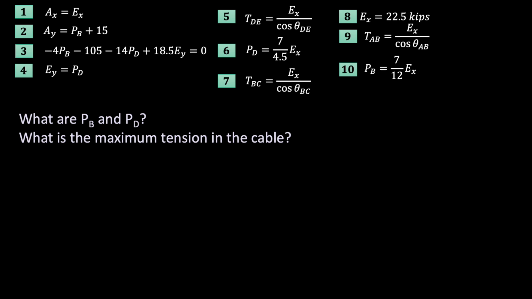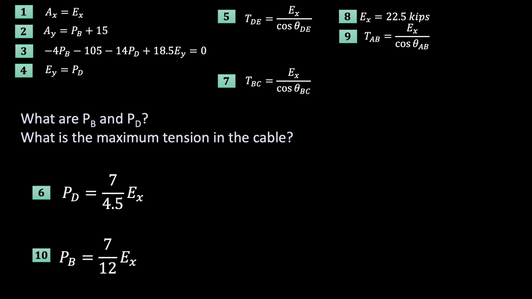Here comes the fun part. See all these equations that we found by going joint to joint? Well, now we've got all the power. We can solve them all with EX. Okay, so what do we actually care about? We're asked for the forces PB and PD to find the maximum tension in the cable.